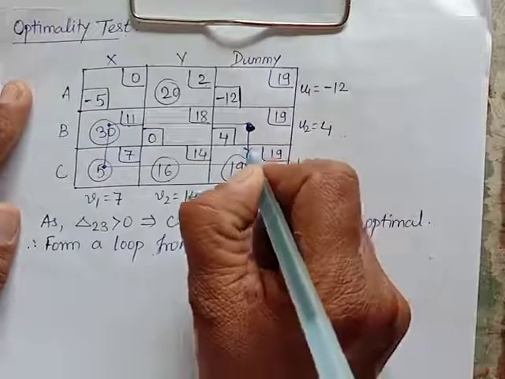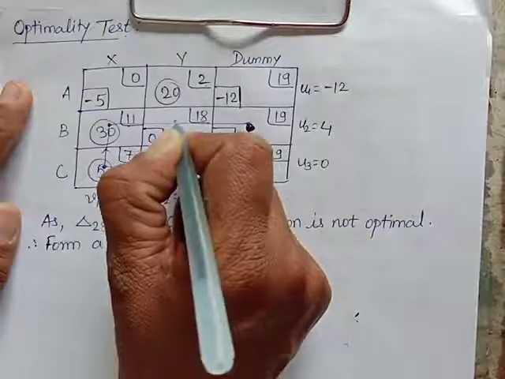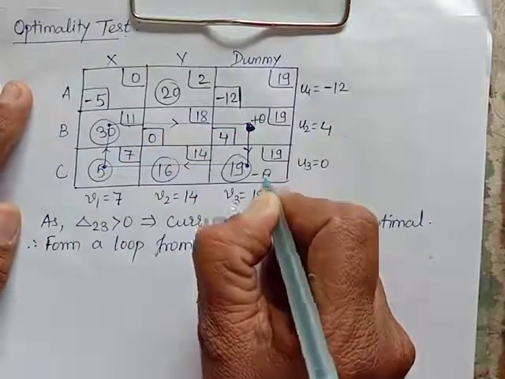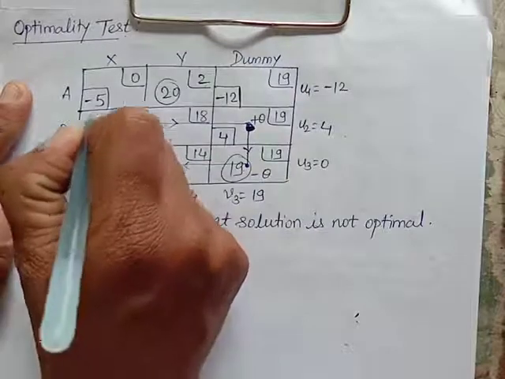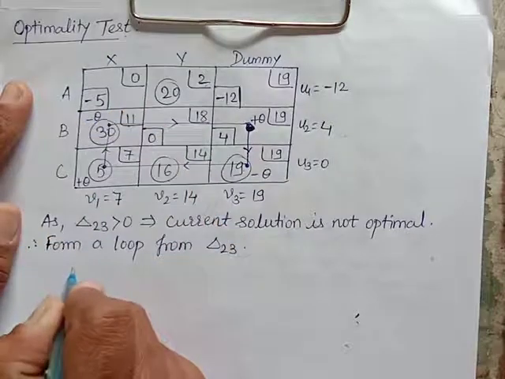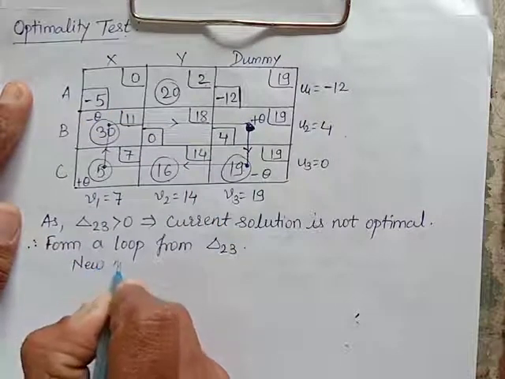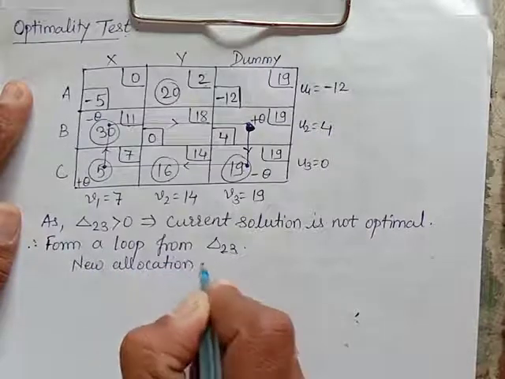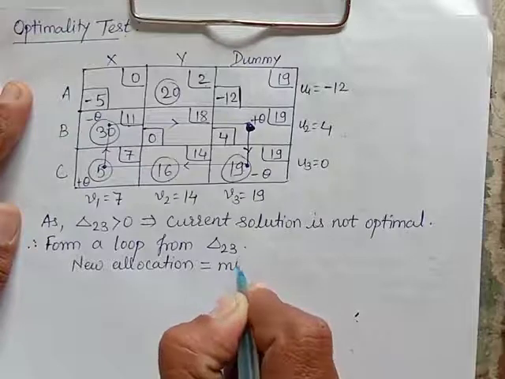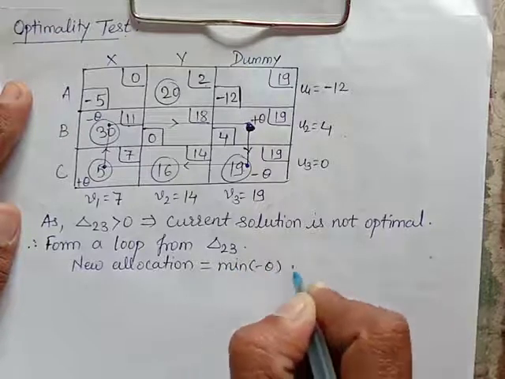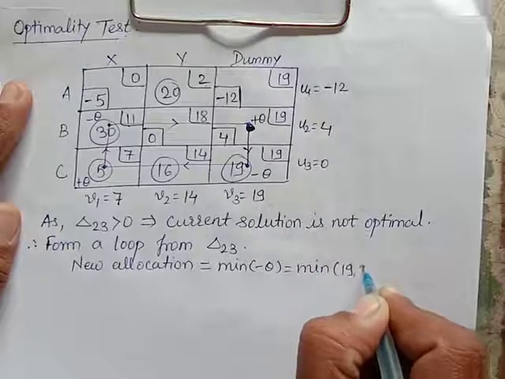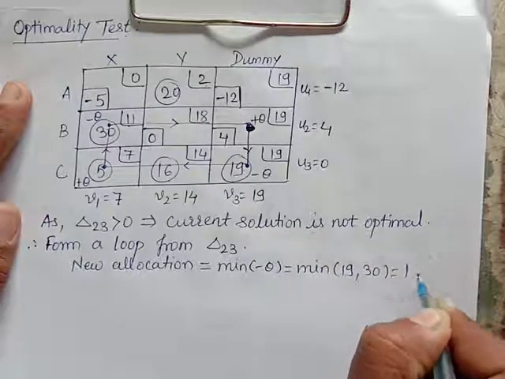So in this direction, suppose, here plus theta, minus theta, here again plus theta, minus theta. So the new allocation is the minimum of the minus theta entries, the minimum of 19 and 30. So it will be 19.